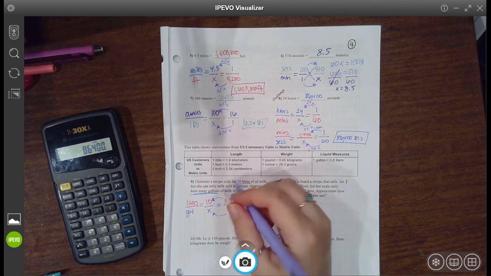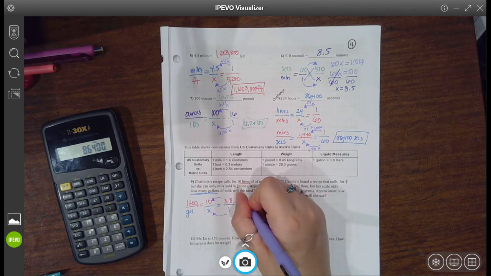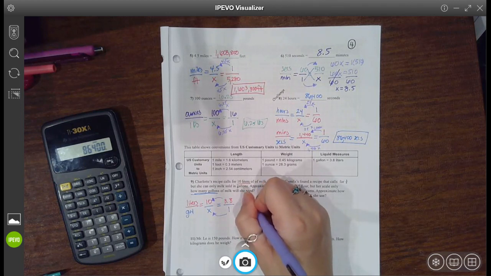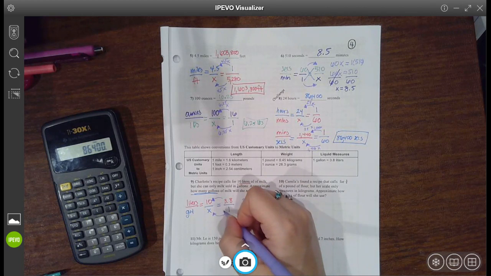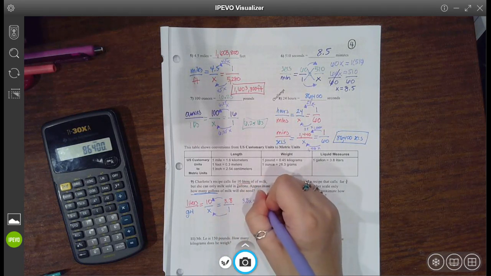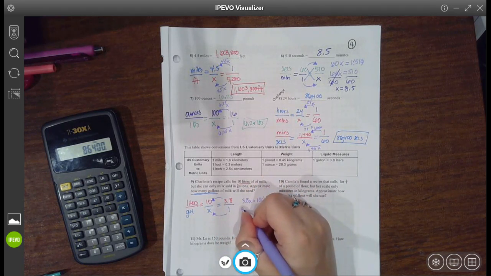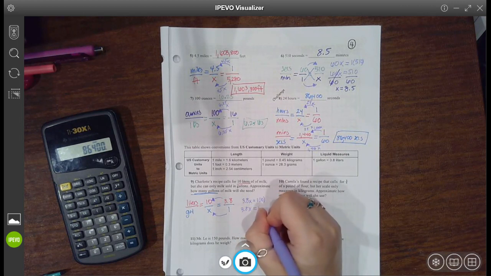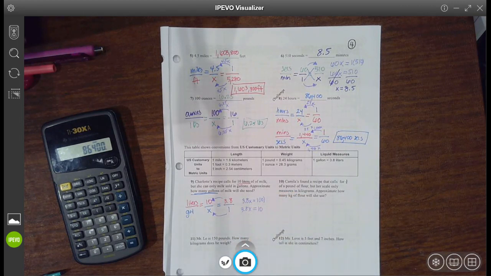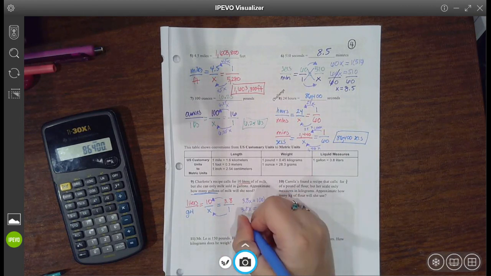So instead, you could do cross products, right? 3.8 times that x, because those are diagonally across from each other, is equal to these cross products of 1 times 10. Well, 1 times 10 is 10. So now you need to know that 3.8 times something is 10.